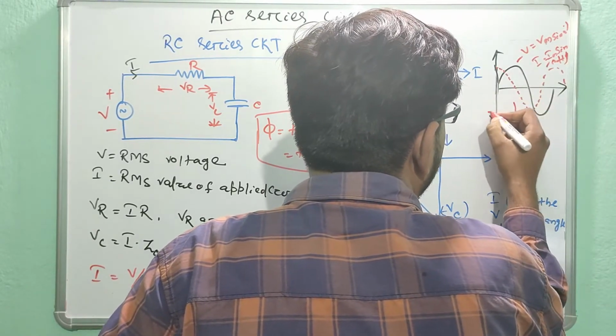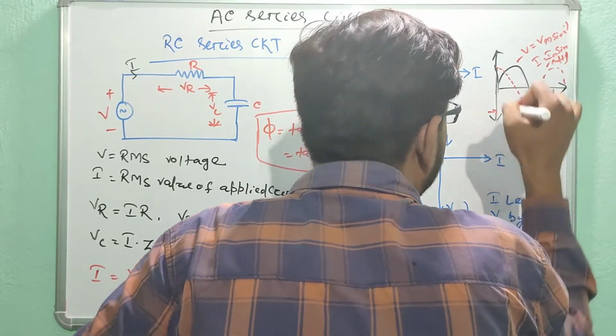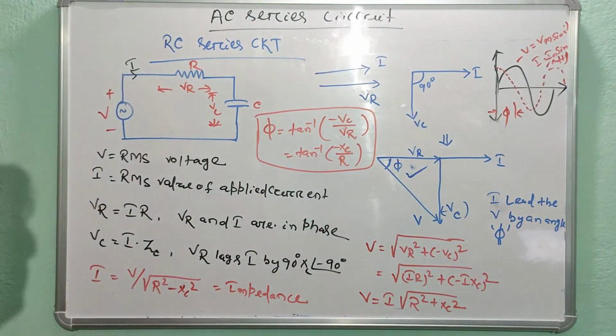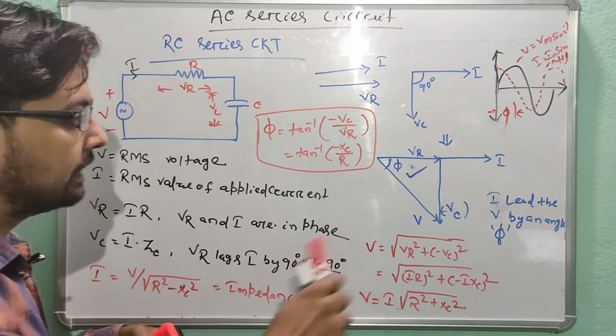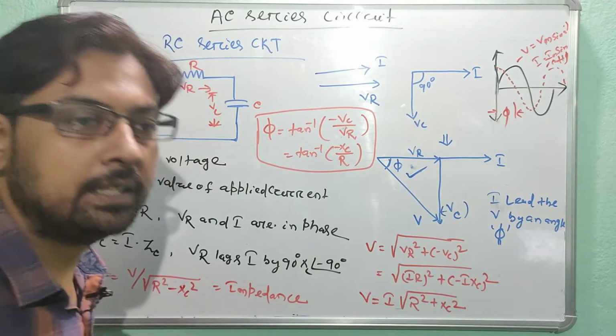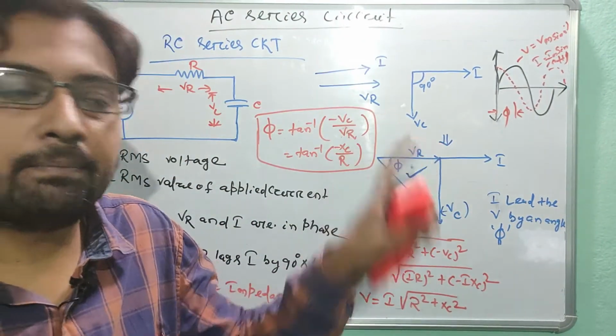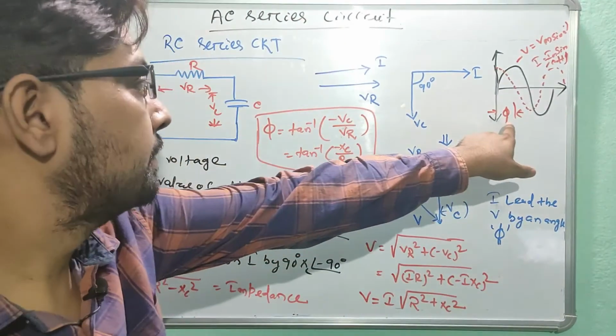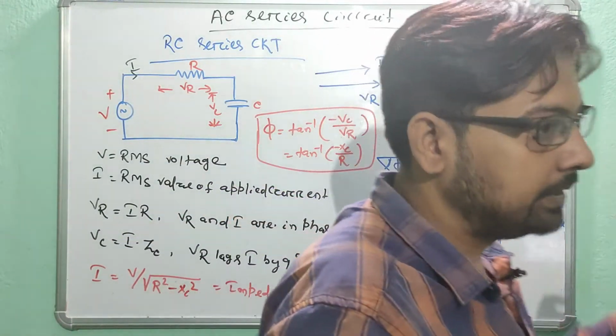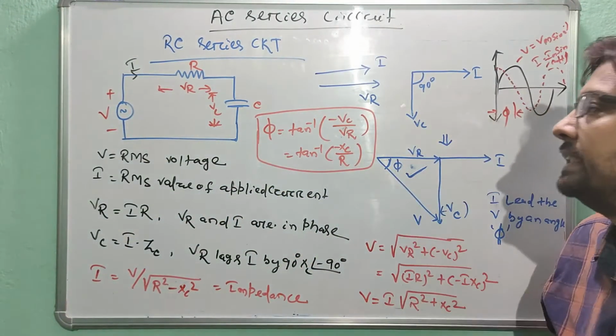So this angle is your phi. For the RC circuit, the cosine of this phi is the power factor. For the RC circuit, you get a leading power factor, that is cos phi. So this is the RC series circuit.